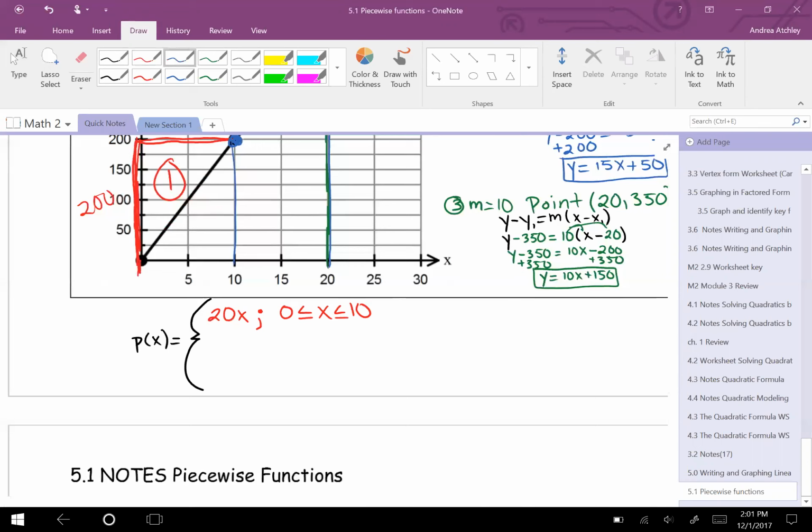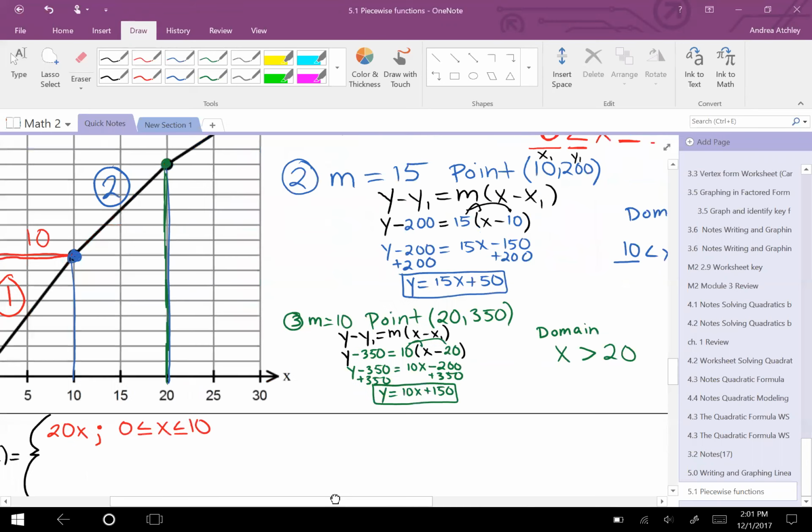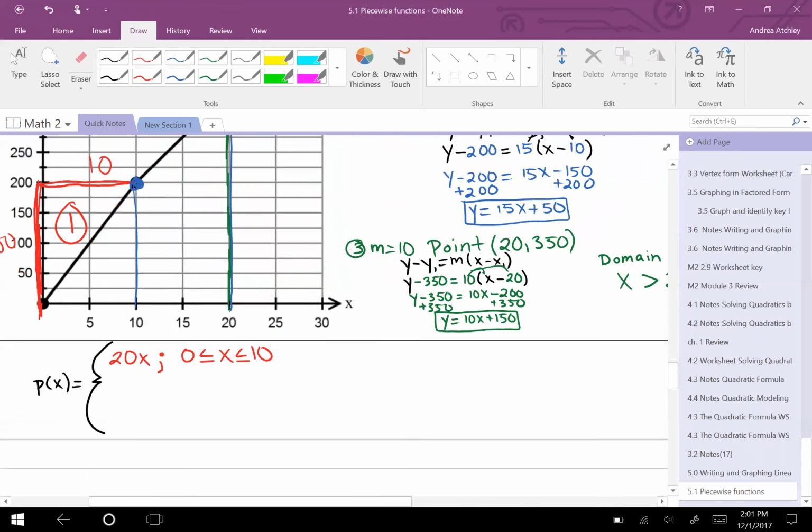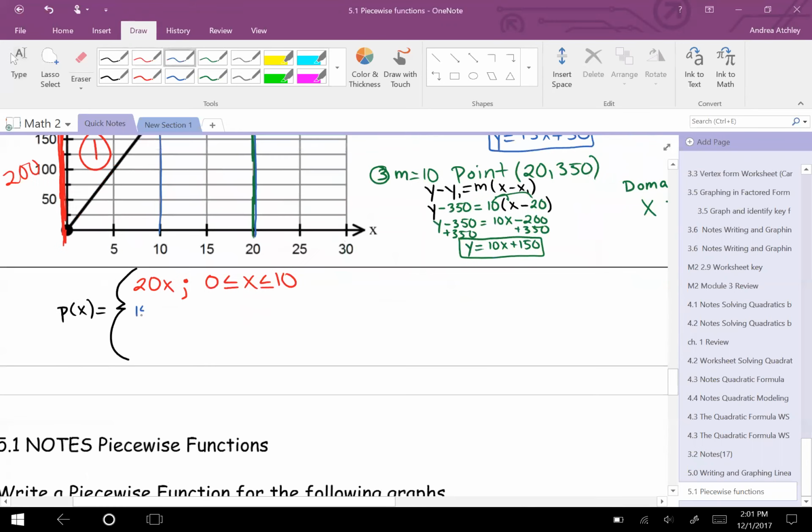Okay, then we're going to take the next equation, number 2, which was the 15x plus 50, and that goes next. Then put a semicolon, and the domain 10 is less than x is less than or equal to 20.